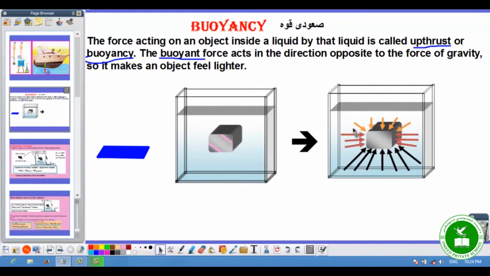These forces are known as buoyancy, but the side forces cancel each other, and all these forces will be cancelled with some of these forces. Only some of these forces will be left. This force is basically known as buoyant force. Okay, now let's continue.